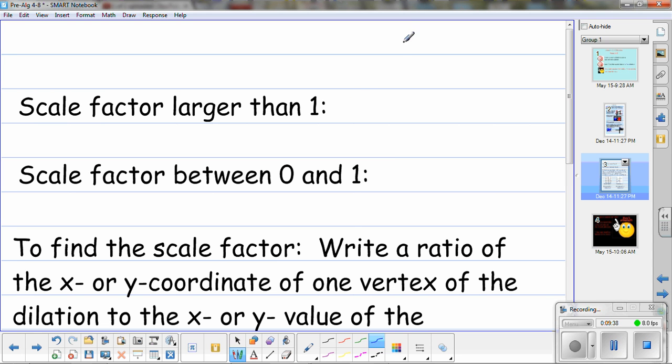So if you have a scale factor larger than 1, it's going to be an enlargement. And if you have a scale factor that's between 0 and 1, it's going to be a reduction.